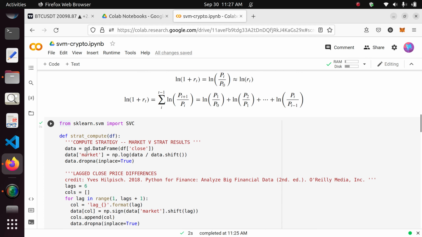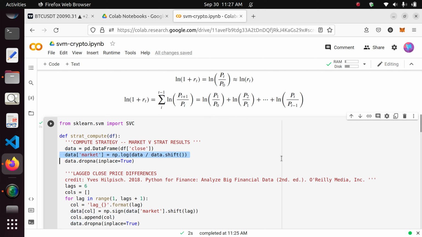You can even start seeing some of those computations going on in the first 3 lines of code here. Line number 1 is just basically taking all the close data and equating it to the data variable. We can make a new column in the data frame called market, and that would be all the logarithmic rates of return in the data frame.